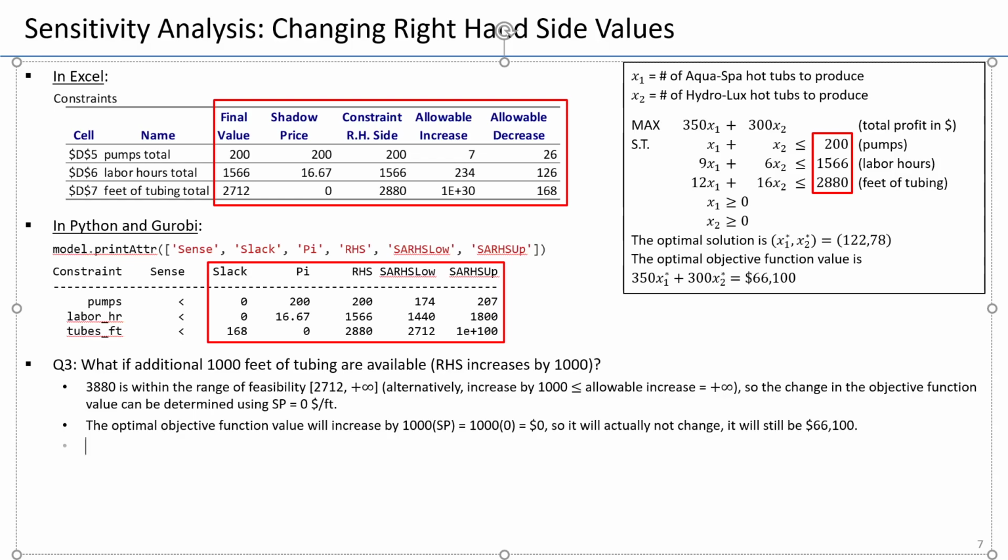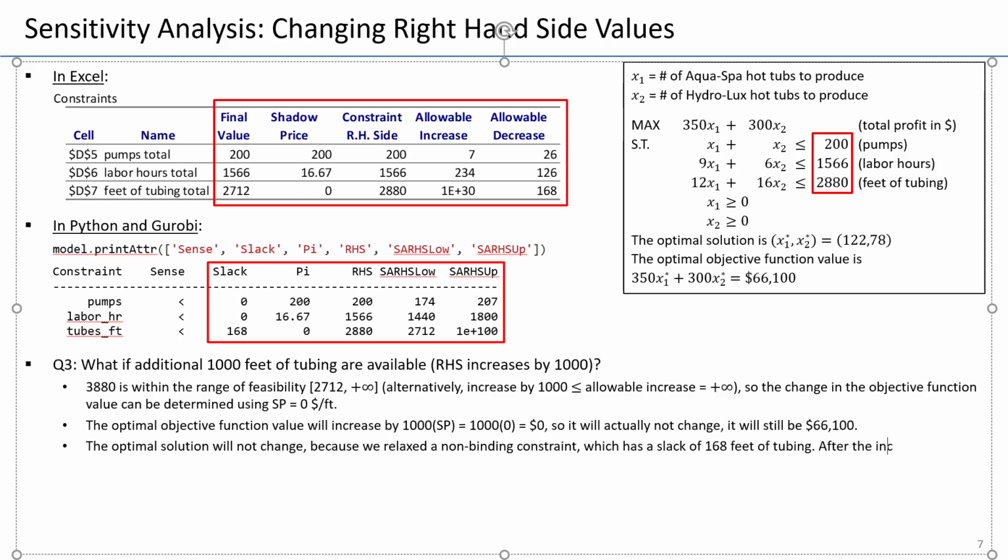So again, what can we say about the solution change, the optimal solution, right? Well, the optimal solution will not change because we relaxed a non-binding constraint, which had a slack of 168 feet of tubing, right?